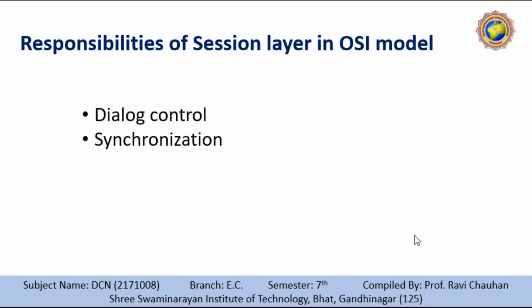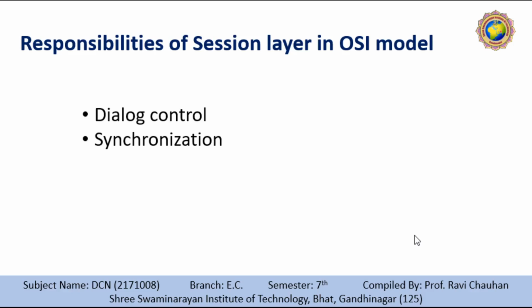Synchronization. The session layer allows the process to add checkpoints or synchronization points to a stream of data. For example, if the system is sending a file of 2000 pages, it is advisable to insert a checkpoint after every 100 pages to ensure that each 100-page unit is received and acknowledged independently.